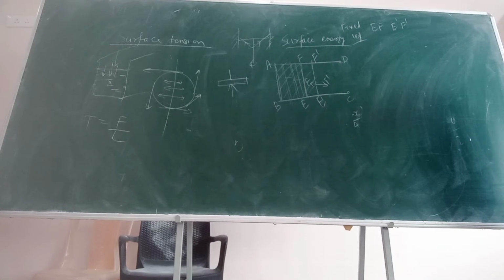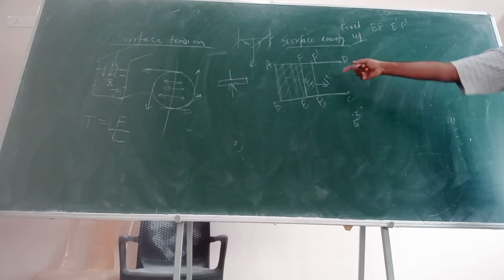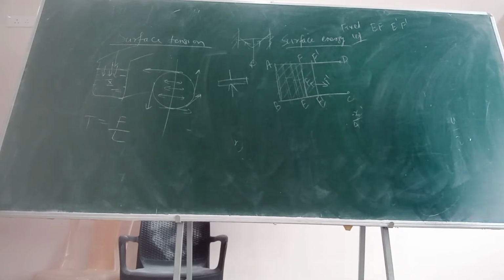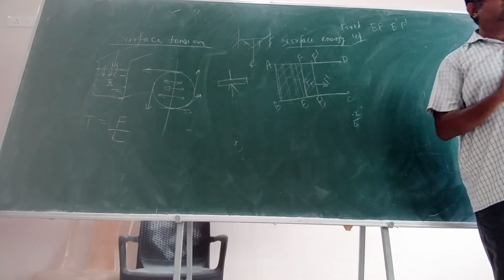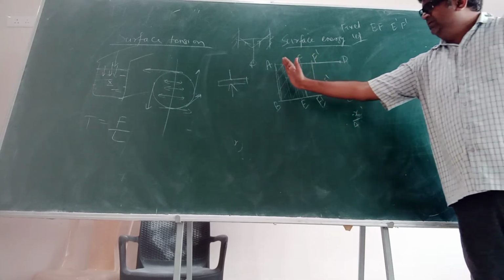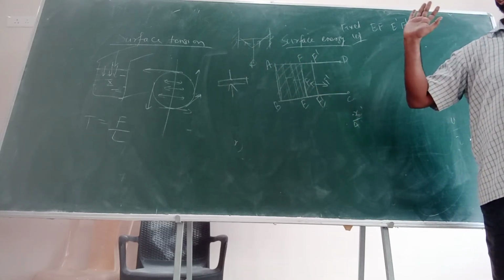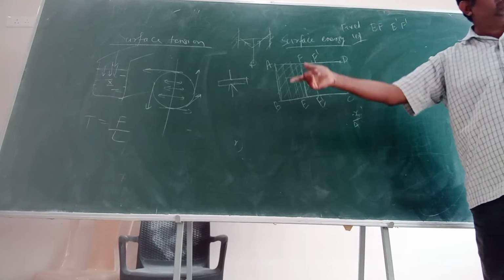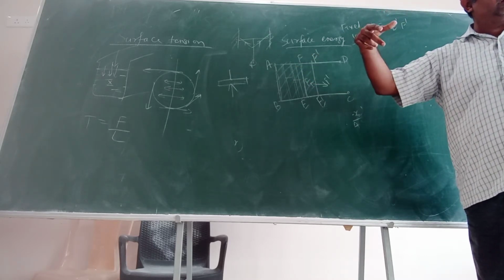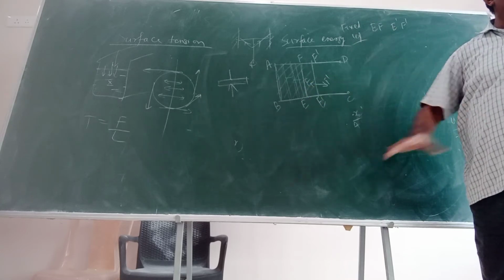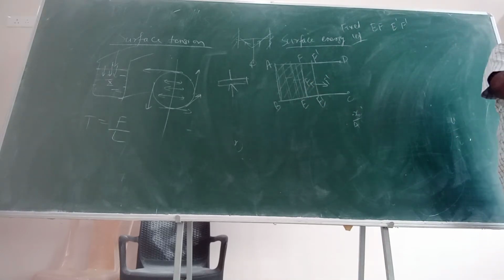That work done is stored in the film as surface energy. Energy and work are not two different things. Clear now? So if my film is getting bigger, some work is done against the surface tension. That work done is there inside the film as surface energy.